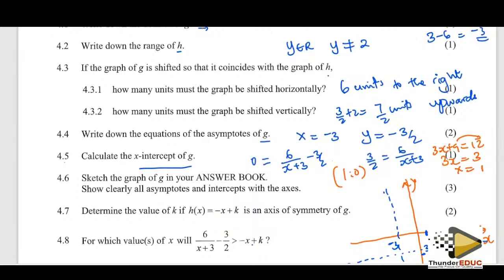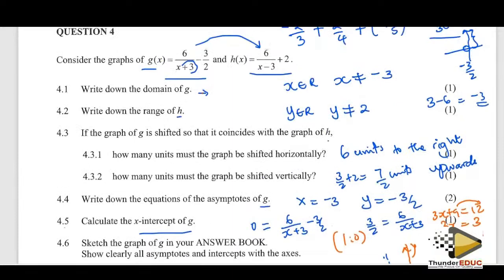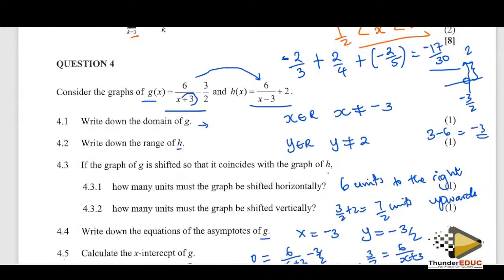So let's see. It's not complete sense. So did our one make sense? Did you resonate with our answer? Let me see. X plus 3.